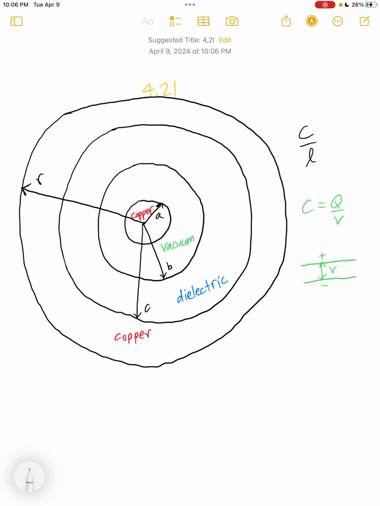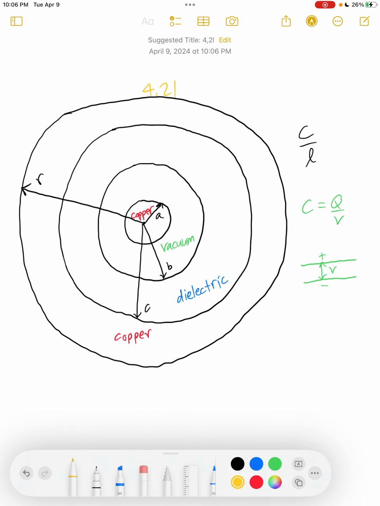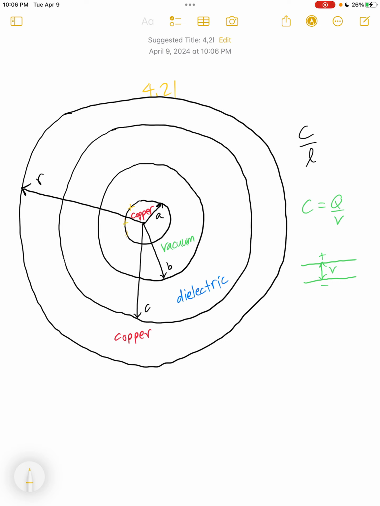So for this situation, I'm going to denote that the copper wire has the positive charge. And the positive charge is distributed on the surface of the copper wire, because copper is a metal, so we've got a conductor here. And we know for conductors, excess charge is distributed on the surface. So this is analogous to the positive plate in my parallel plate capacitor analogy.